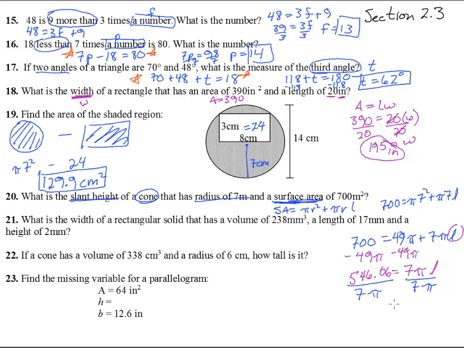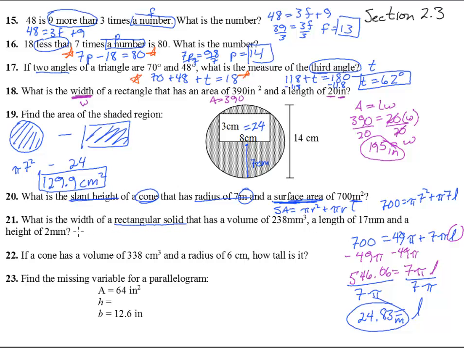So we take that number and divide by 7, and then also divide by pi, and we're left with L equals 24.83. Everything's in meters. 24.83 meters.